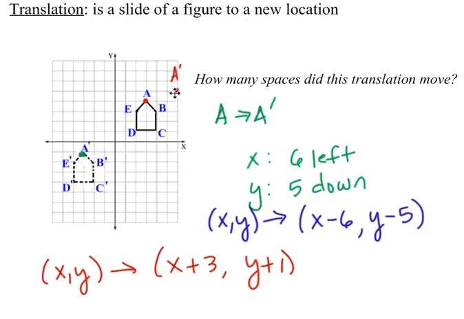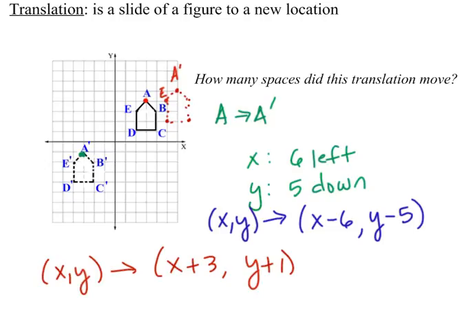And the same thing would be true for E. Positive 3, 1, 2, 3, positive 1. So we would do that to each point until we redrew it over here, and I'm drawing a little bit off my chart, but that's okay. Same thing for C. 1, 2, 3, and up 1. It's the same one here. 1, 2, 3, and up 1. And so this would be the location based on this shorthand. It tells us where we're going and what we're doing.